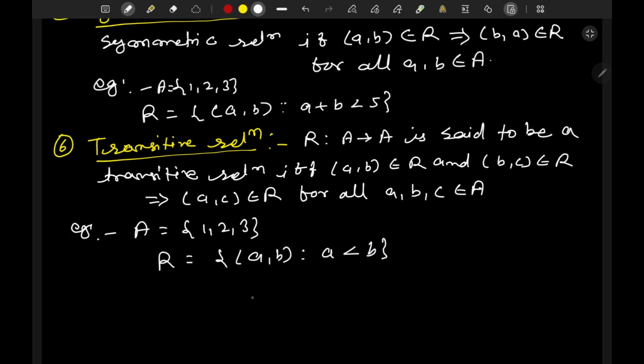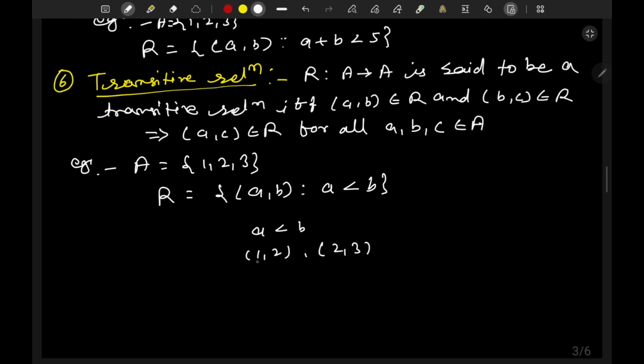Take 1, 2 and 2, 3: 1 is less than 2, and 2 is less than 3. Then (a, c) is 1, 3, and 1 is also less than 3. So this condition holds, so this is a transitive relation.